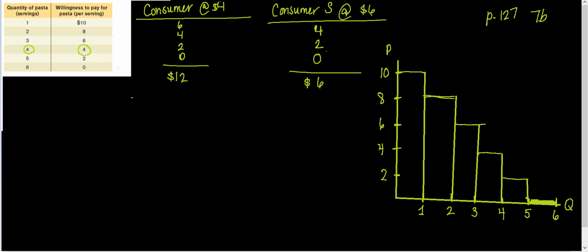So one case was when the price per serving was $4, so I'll just make that a line that looks like that, and I really wanted that to be, there we go. And then I will draw another one at $6.